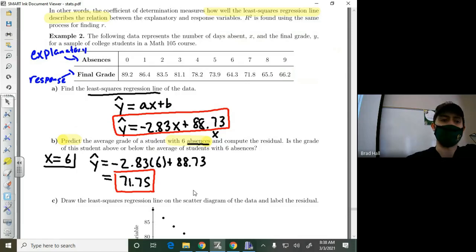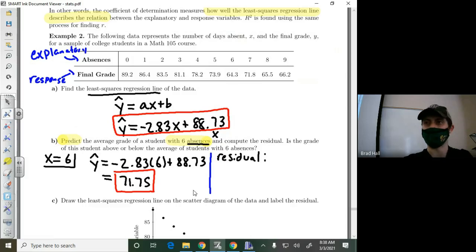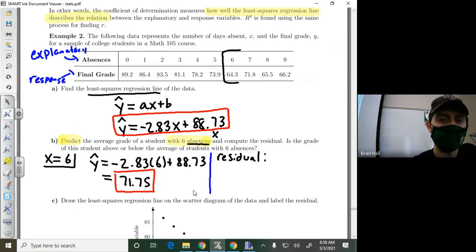But they also want the residual. Well, the residual is the observed value minus the predicted value. The observed value was what we actually found whenever we did the data set. Notice we already know what it looks like whenever we have 6 absences. It was up here.